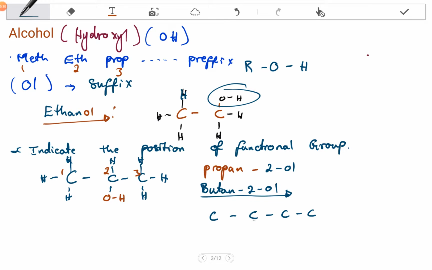So we can put our functional group somewhere. So our functional group is going to be here. You see, when you start counting the carbons, start from this side because it's the side that's closest to the functional group. So it's going to be butan-2-ol.